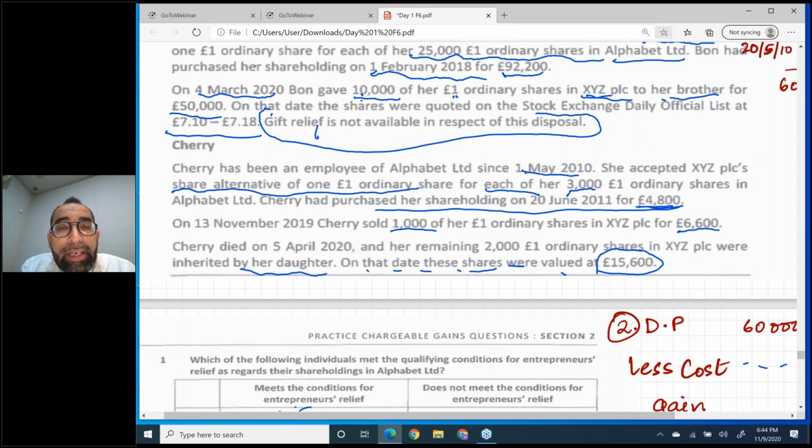That's it. No CGT implication at the time of death.